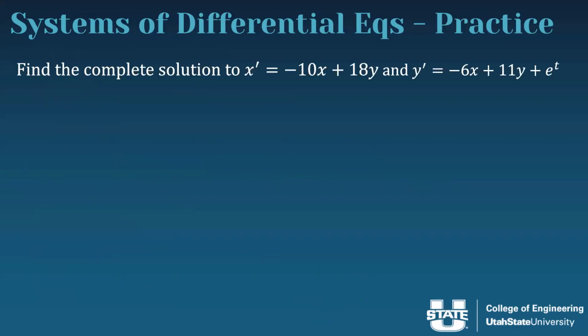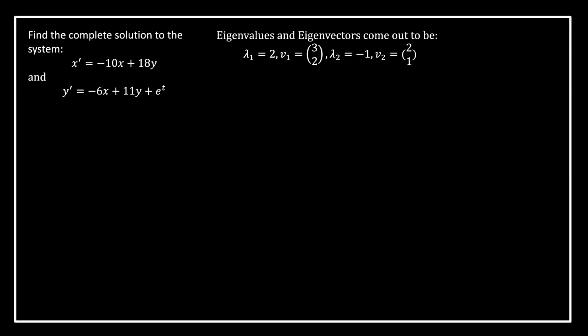So we're going to practice it with this system: x prime equals negative 10x plus 18y, and y prime equals negative 6x plus 11y. Because we just went over eigenvalues and eigenvectors, I'm not going to go through that process, but those are what you get when you solve.